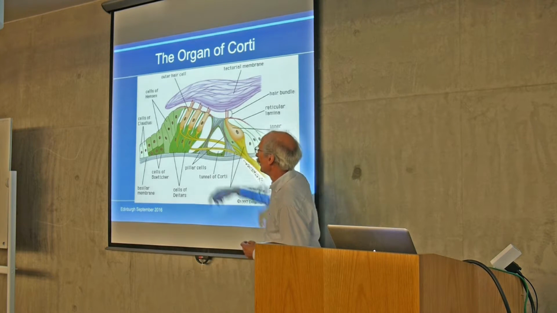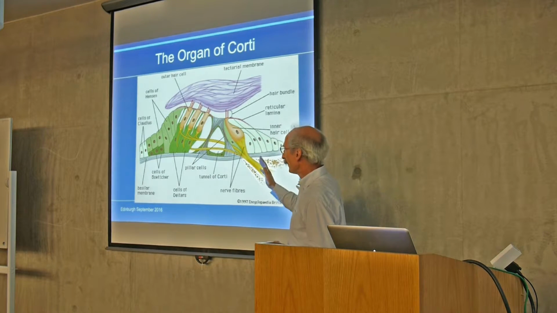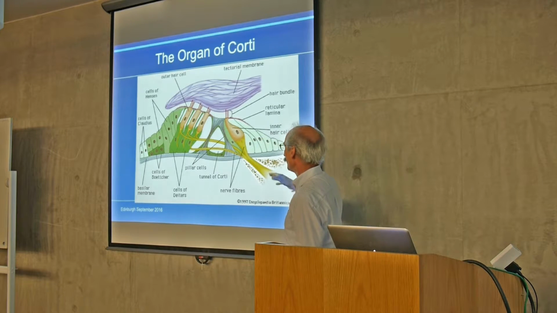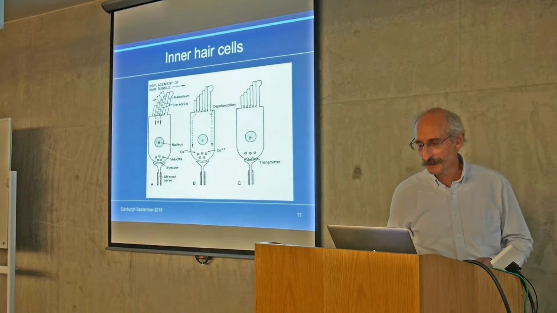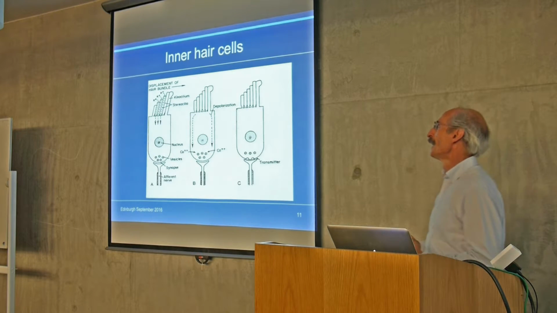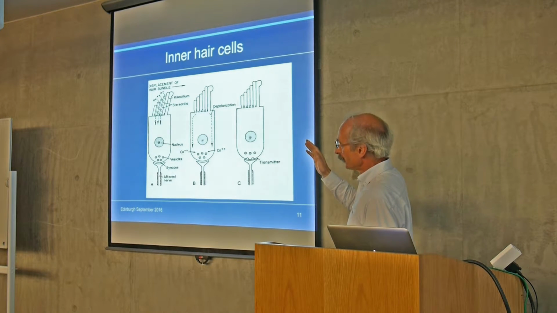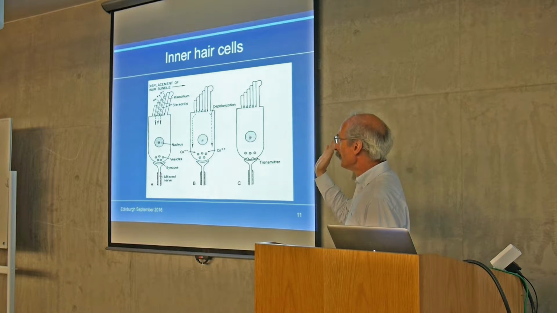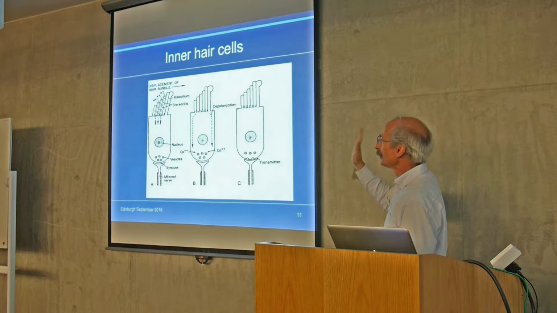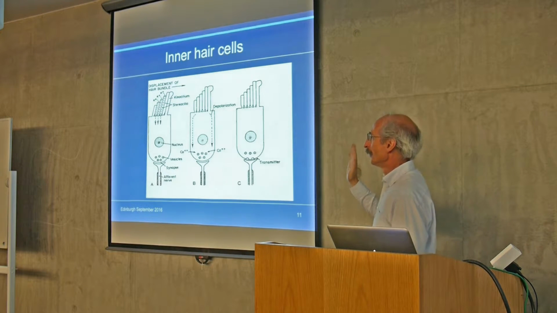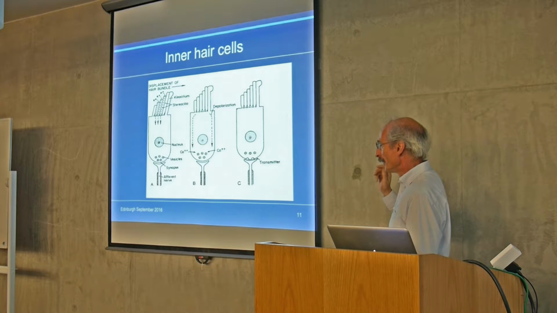The outer hair cells are transmitting devices, the inner hair cells are a receiving device, and that goes into these nerve fibers. And right down at the inner hair cells themselves, the signal is generated by the movement of these tiny hairs, the stereocilia, at the very end of the inner hair cell.